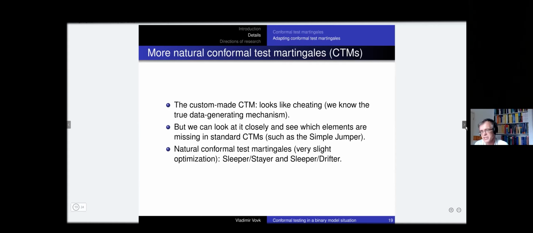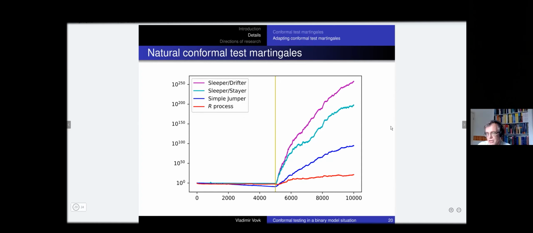You have some optimization problem, but then you can try to understand what it's doing, and then you can simplify it radically. There are two ways of simplifying it: sleeper stayer, which is a very primitive conformal test martingale, even simpler than the simple jumper. And it performs well because it's modeled on this optimal martingale.